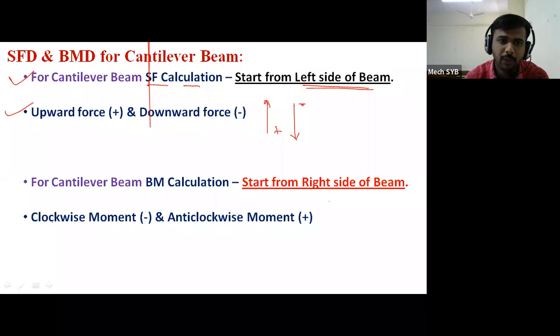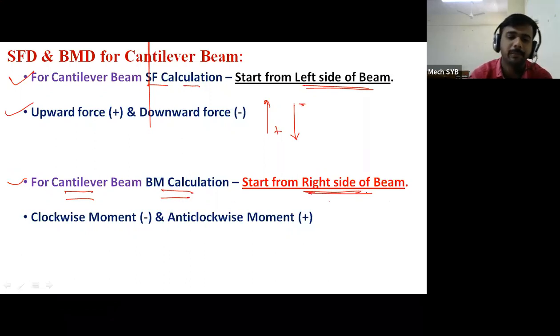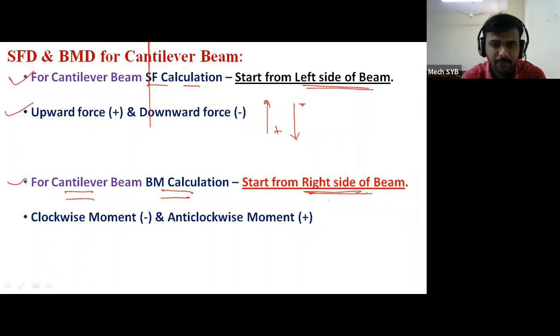But now if you look at the next, BM calculation, what I have written here: for cantilever beam, BM calculation will start from the right side of the beam. In cantilever beam, for more and more simplification, why are we implementing this process? For more and more simplification of the BM calculation we have to start from the right side of the beam. I am telling only BM calculation.